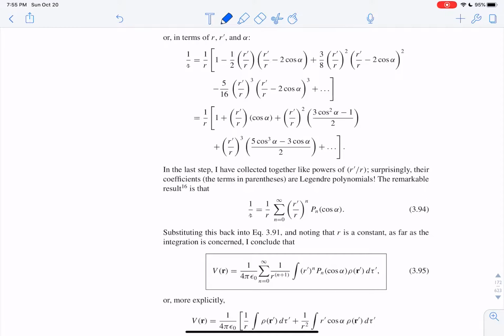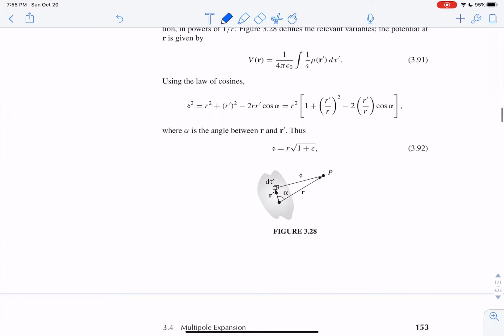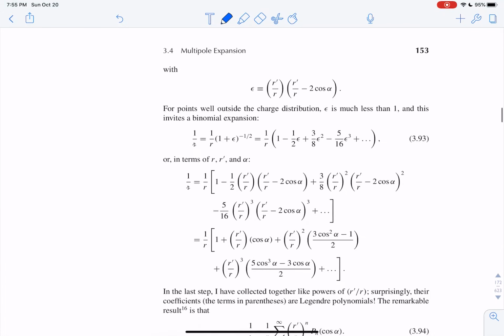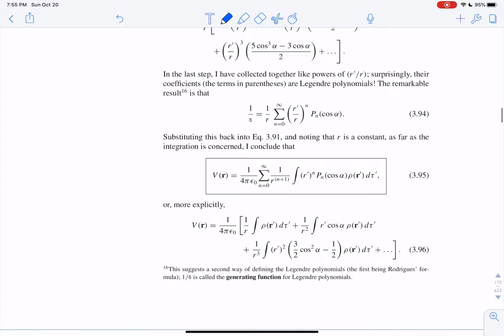And this result is that 1 over script r is equal to 1 over r, the distance. So script r is the distance from some point charge, and then r is from the center of the charge distribution. And 1 over script r is just 1 over r times the sum of the Legendre polynomials, okay?